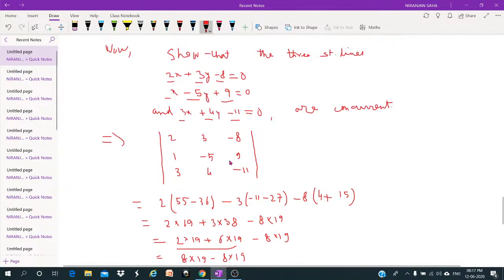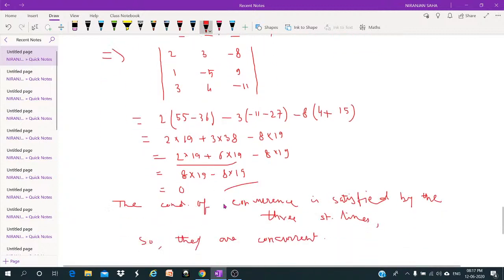So you understood this problem. The three straight lines are given, and you have to find out whether they are concurrent. So we have used that the determinant of the coefficients of the three straight lines is equal to 0. This is the condition of concurrence, and it is satisfied by the three straight lines. So they are concurrent.